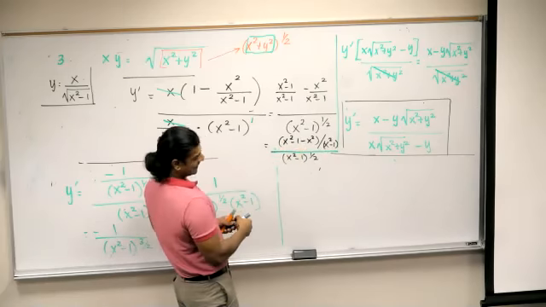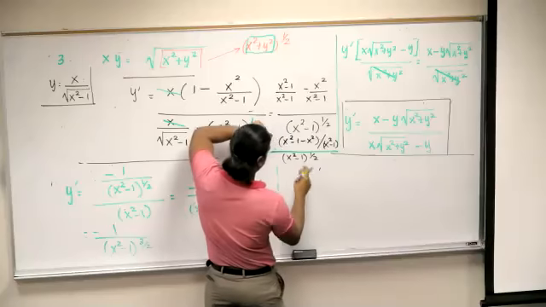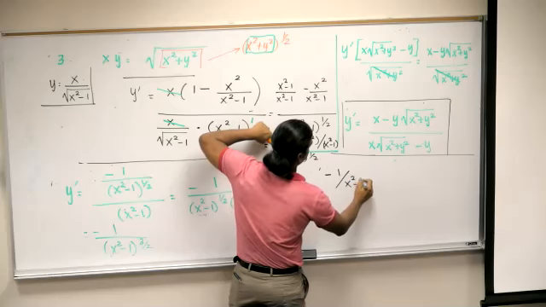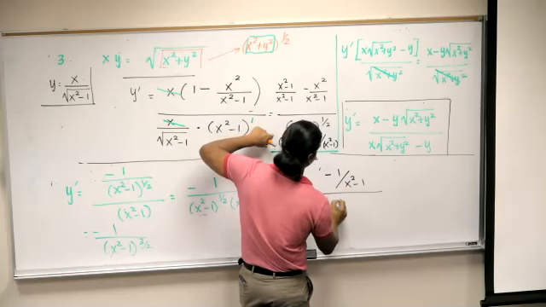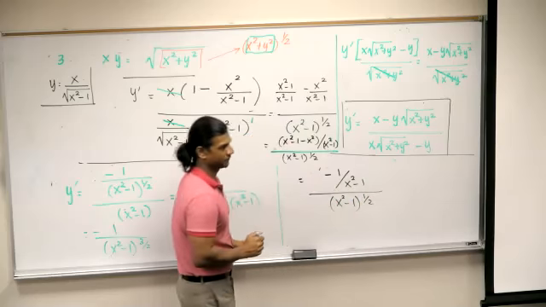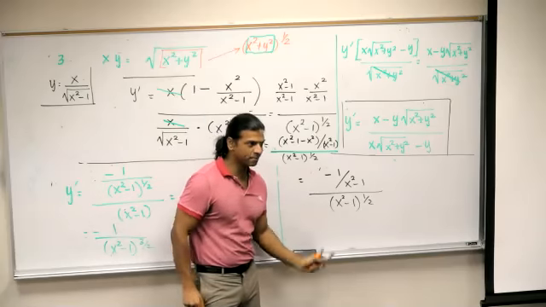X squared will get cancelled. So you will end up getting minus 1 over (x squared minus 1) over (x squared minus 1) raised to 1/2. We have seen this step before.